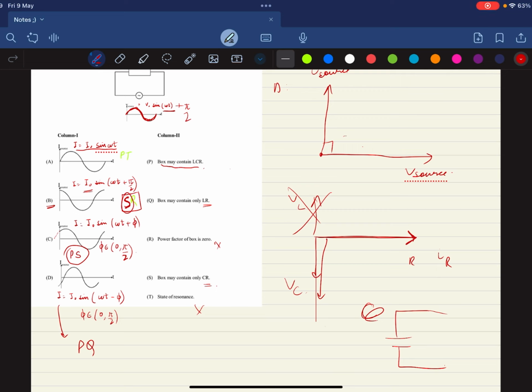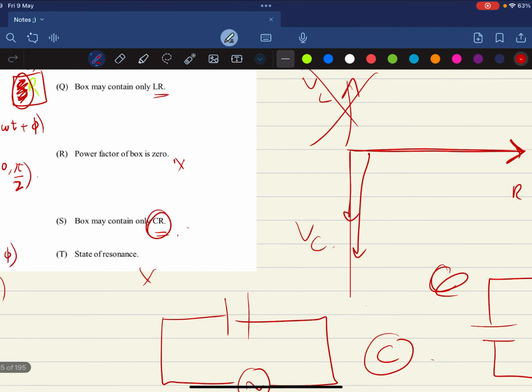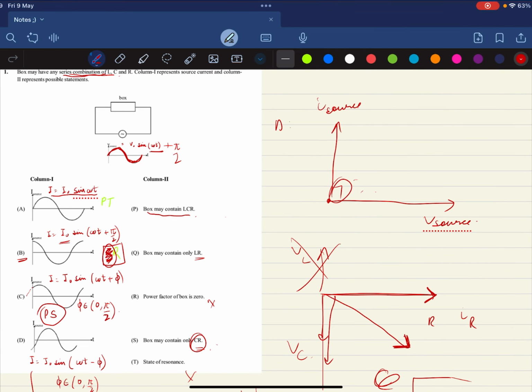So just a capacitor connected to some voltage. This will be the circuit. So just a C circuit, a capacitor-only circuit. So that's why S is not the correct option here. It may contain RC, because if some R is there, the vector will always be inclined at this angle and never at pi by 2, which is what we want. So yeah, that's about it.